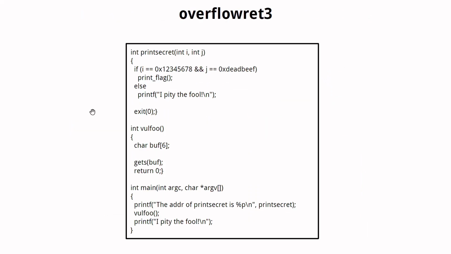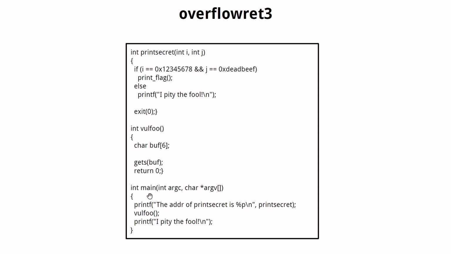Okay, so now let's look at a concrete example. This is an example you should be familiar with already. This is overflow return 3. However, you only did the 32-bit version of this before, and today we're going to do the 64-bit version. Sorry about that.